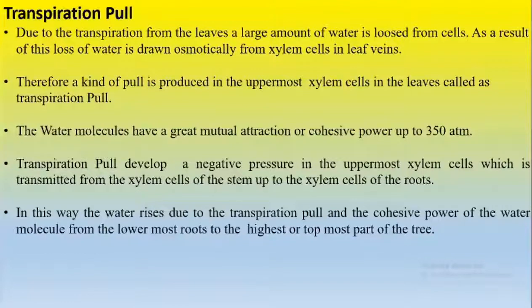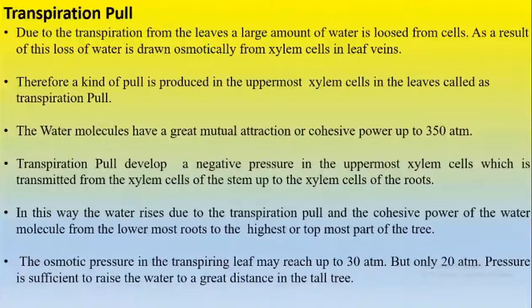In this way, the water rises due to the transpiration pull and the cohesive power of the water molecules from the lowermost roots to the topmost part of the tree. The osmotic pressure in the transpiring leaf may reach up to 30 atmospheres, but only 20 atmospheres is sufficient to raise the water to a great distance in a tall tree.